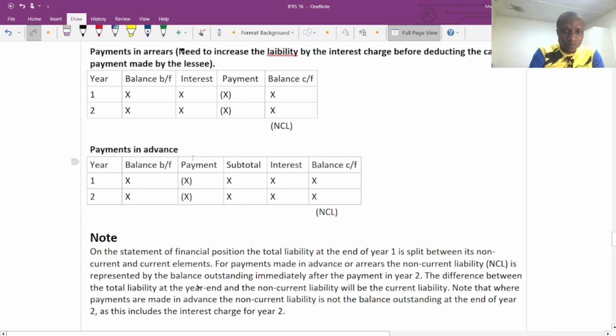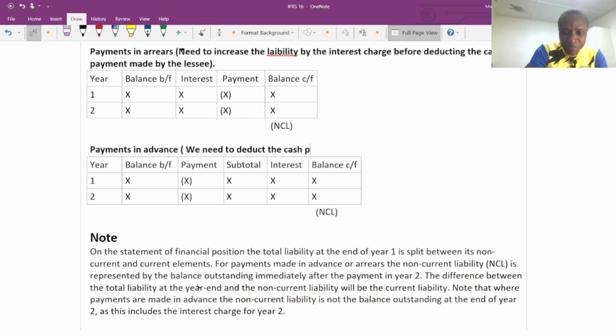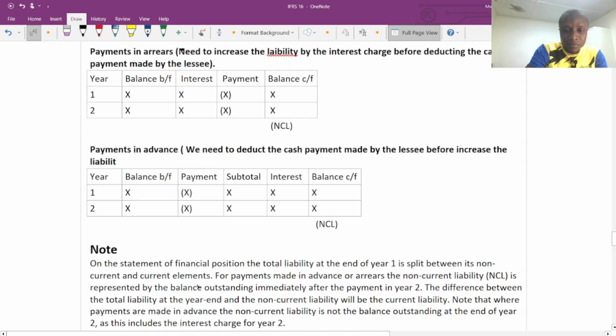So for payment made in advance, we need to deduct the cash payment made by the lessee before increasing the liability by the interest charge.